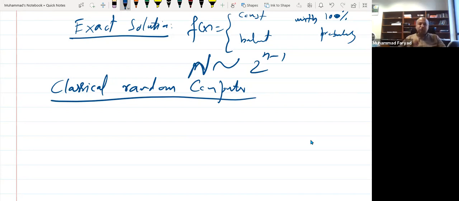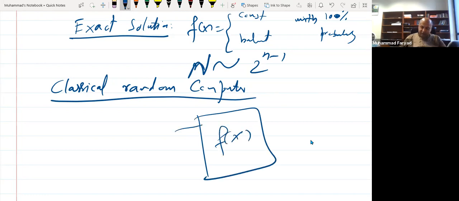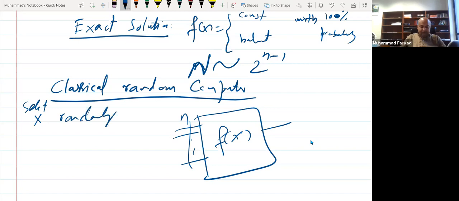So if you have access to a random number generator, then let's go back to that function again. It has these n bit input and it has one output. So let's say you randomly select x and you give it as an input here, and of course you will get either 0 or 1, right?